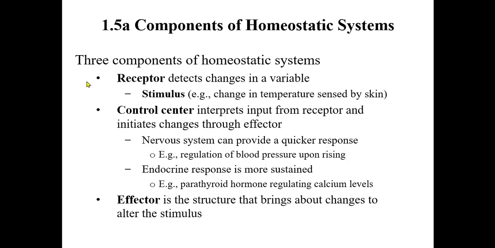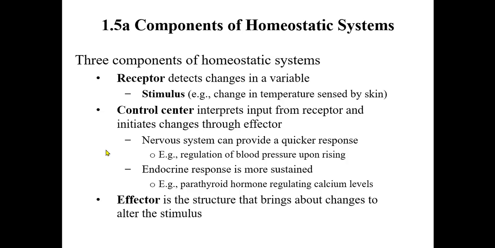Then the receptor has to take information to the control center, whether it is your nervous system or your endocrine system. And notice at the bottom here, I have nervous system and endocrine system.